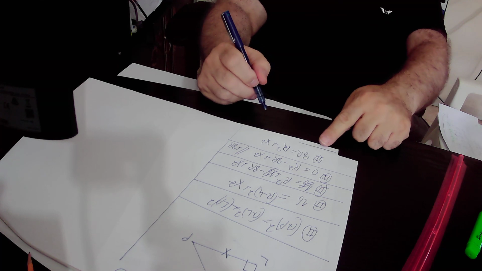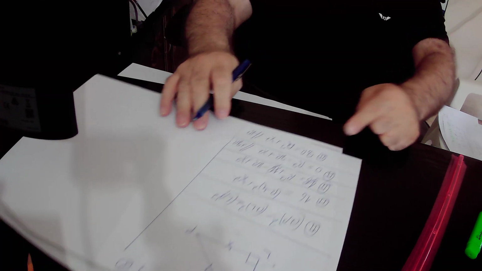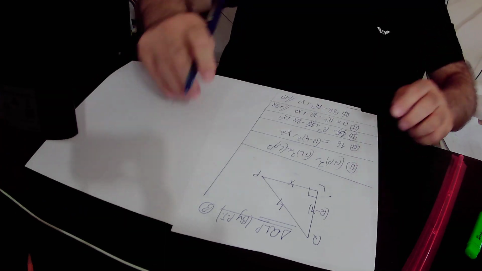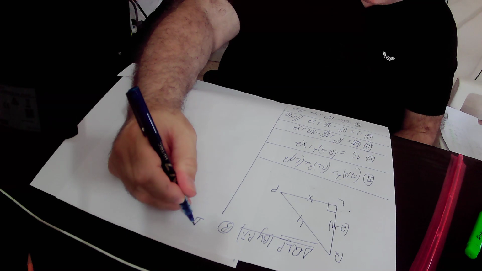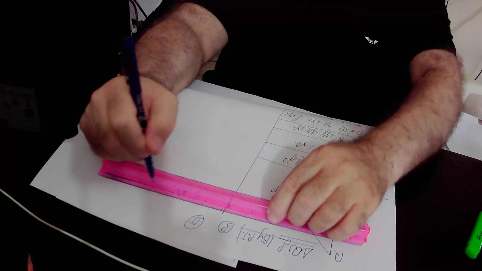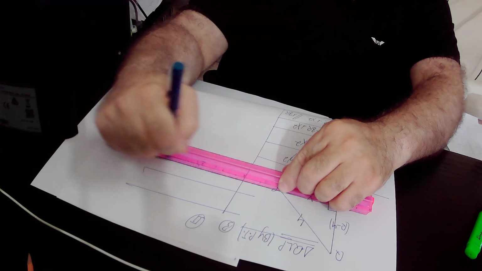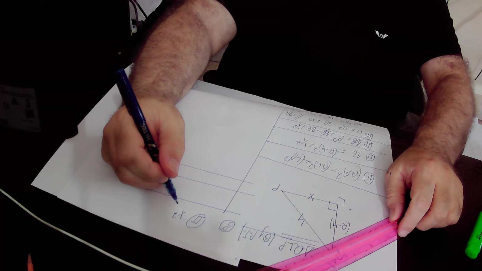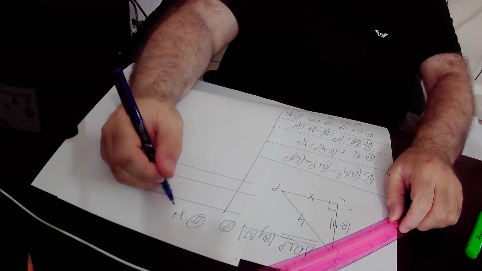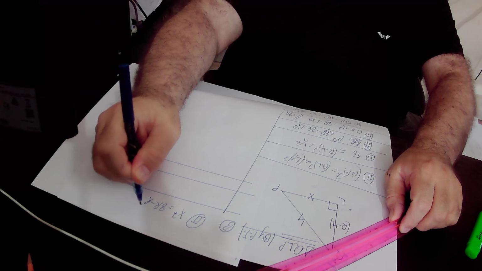Okay, here we subtract R squared from equation number 2, and we get that according to equation number 2, X squared equals 8R minus R squared.